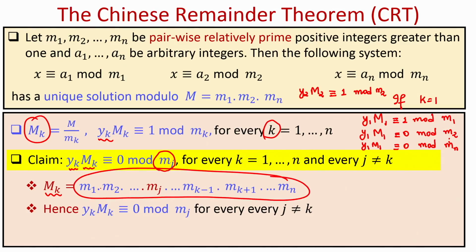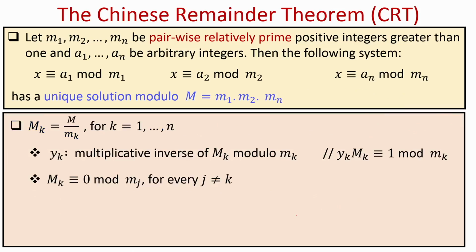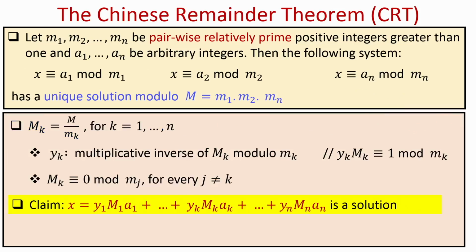If I divide this big M k by m 2, again it is completely divisible by m 2. If I divide this big M k by m j, again it is completely divisible by m j. If I divide it by m of k minus 1, it is completely divisible. If I divide it by the k plus 1th modulus, again it is completely divisible, right. So, that is a very simple fact here. That is the third property that I have retained here.